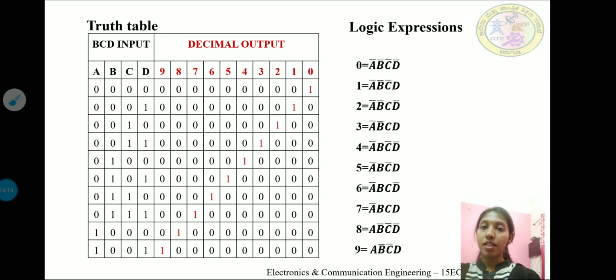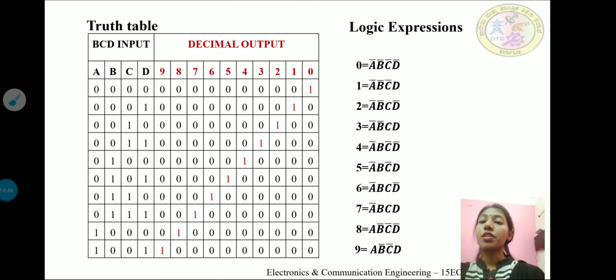And digit 7 is high for the input combination 0, 1, 1, 1, and it is expressed as A complement, B, C, D. And digit 8 is high for the input combination 1, 0, 0, 0, and it is expressed as A, B complement, C complement, D complement. And digit 9 is high for the input combination 1, 0, 0, 1, and the expression is written as A, B complement, C complement, D.